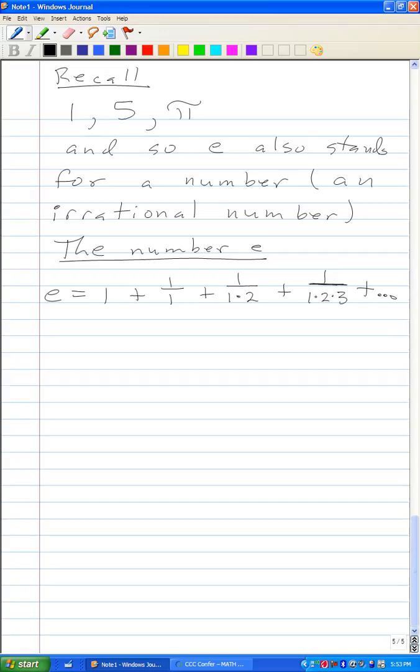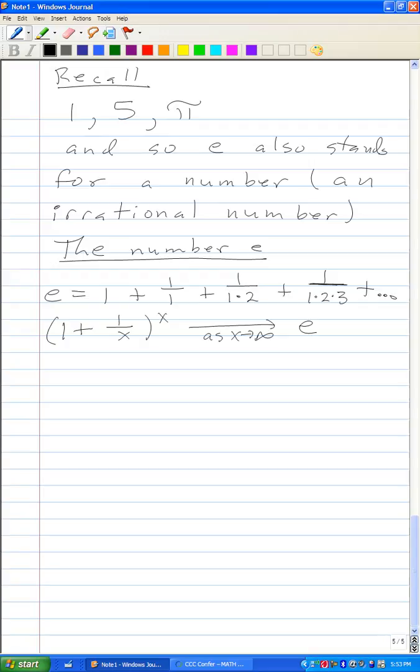Similarly, e, well, let's write it this way. If I take 1 plus 1 over x and raise it to the power x, then as x gets very large, we approach that number e.